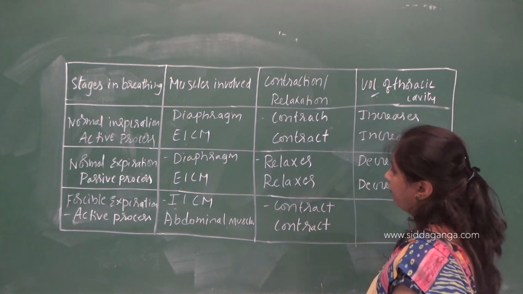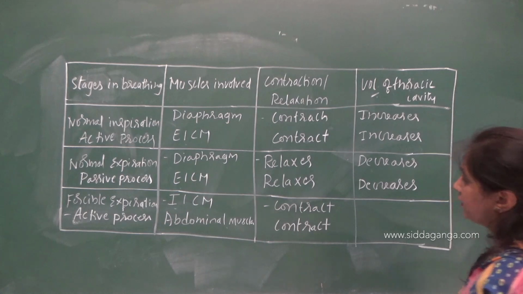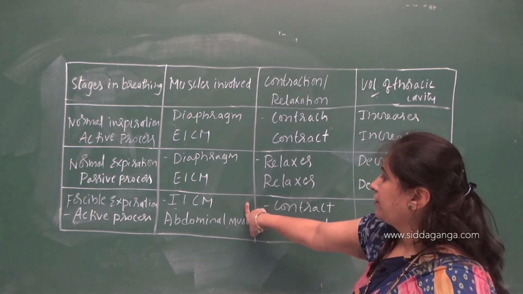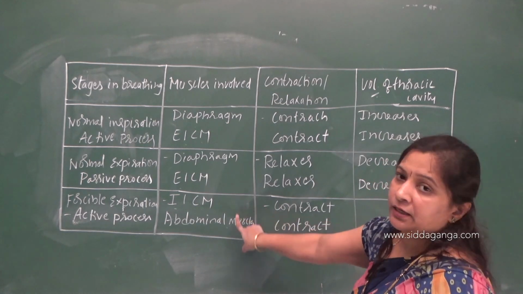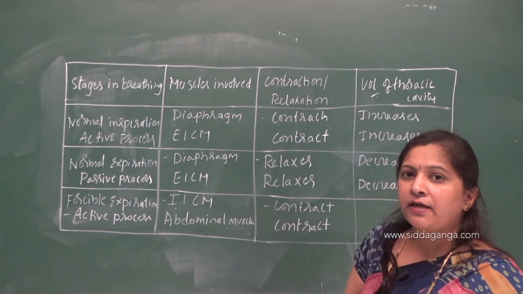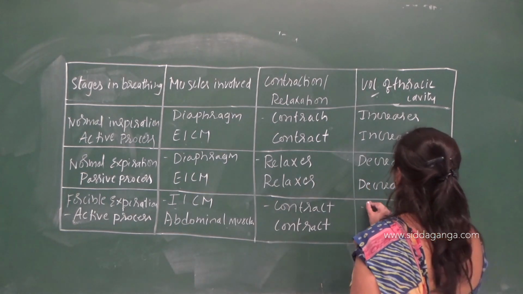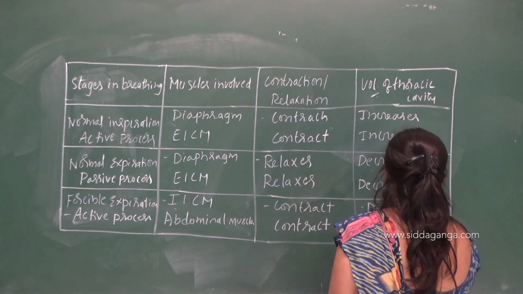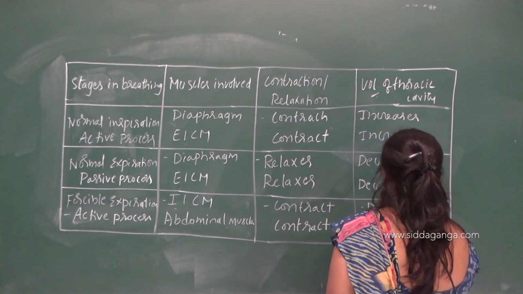During forcible expiration, when the internal intercostal muscles contract and abdominal muscles contract, does the volume of the thoracic cavity increase or decrease? Again here, decreases.